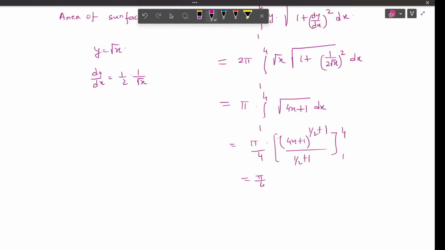So it will be pi by 4, and if you put the value 4 here, it would be 16 plus 1, that is 17 to the power 3 by 2. Okay, and if you put value 1, it would be 5 to the power 3 by 2.